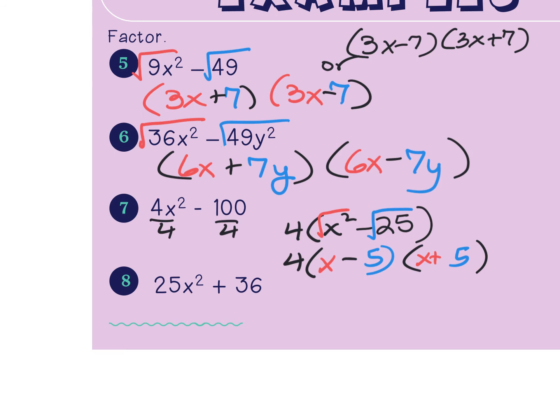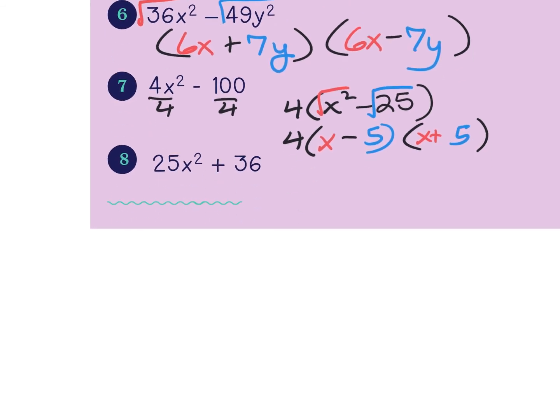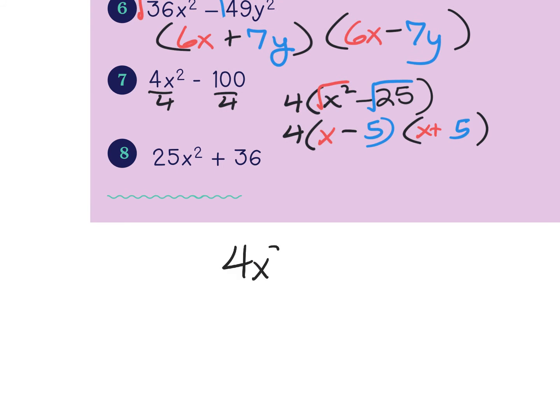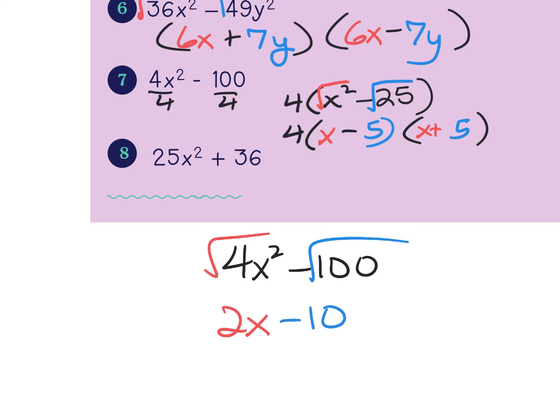Now watch what would have happened if you didn't pull the GCF out. So let's take the problem, and let's say you thought, oh, this is a perfect square, this is a perfect square. If you didn't go ahead and factor out the 4 first, notice my binomials still have a GCF between 2 and 10 that you could have pulled out.